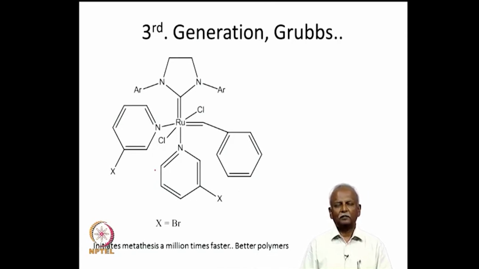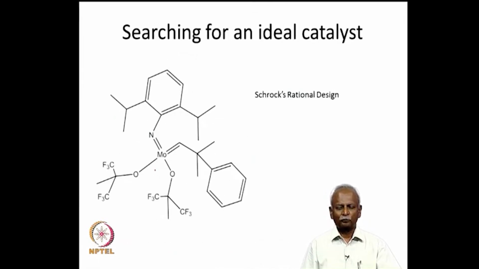So, this catalyst, which is called the third generation catalyst, is an extremely fast catalyst, which initiates metathesis a million times faster than the second generation catalyst. So, now let us take a look at Schrock's design. Schrock was a person who was working with early transition metals and high oxidation state carbene compounds.